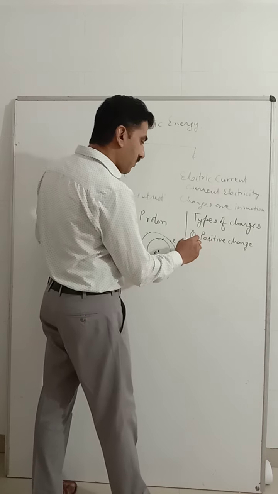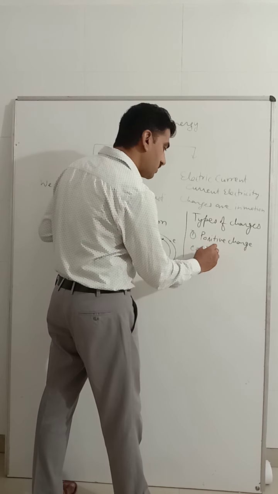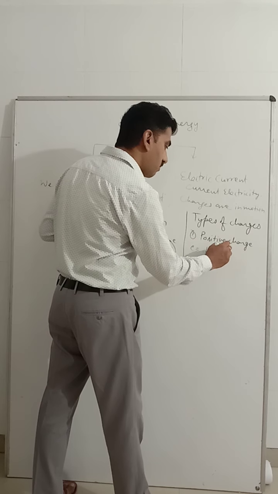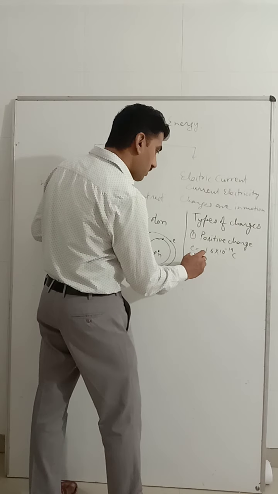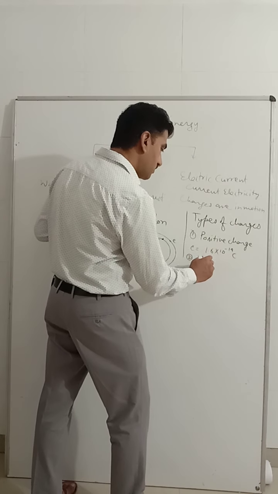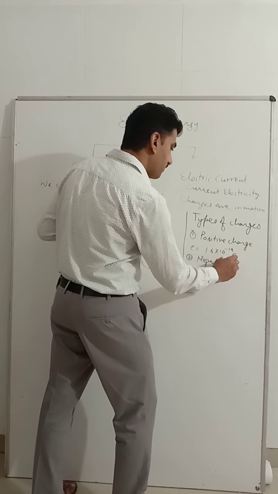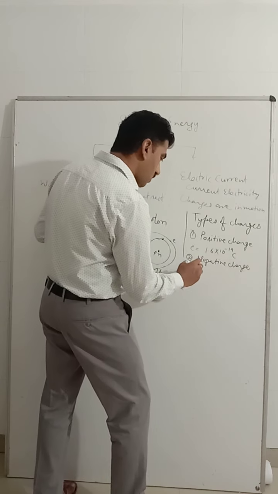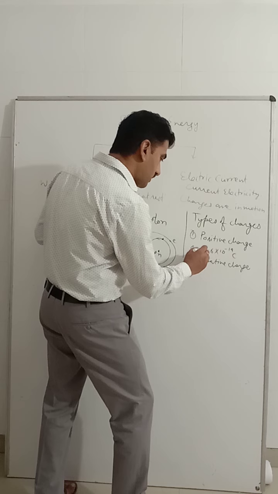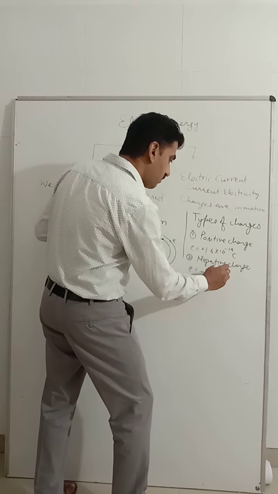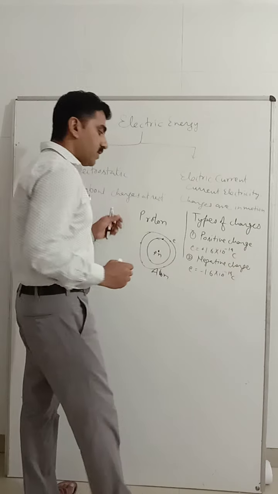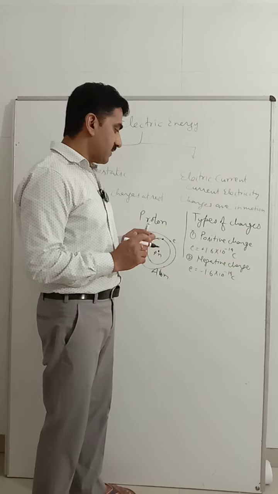We can write it as e positive, which is 1.6 into 10 power minus 19 coulomb. And the second is negative charge, which is on the electron. So you can write plus for this and minus for that. The magnitude of charge is the same for both, 10 power minus 19 coulomb. The difference is that one is positive, one is negative.